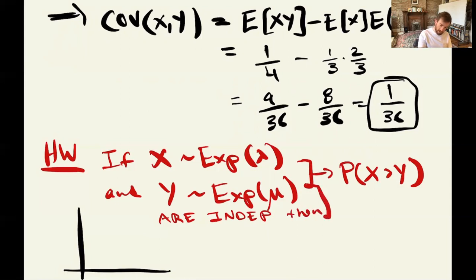How do we compute this probability? Well, what ends up happening is I need to carve out this region here where X is greater than Y. And you can integrate this in various ways, but I recommend fixing Y and then integrating over slices that look like this.